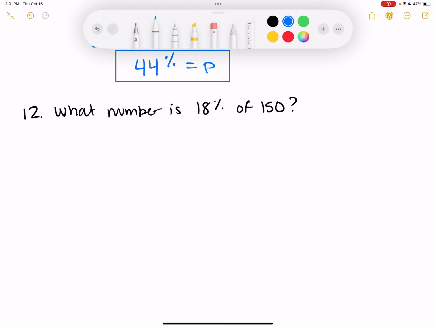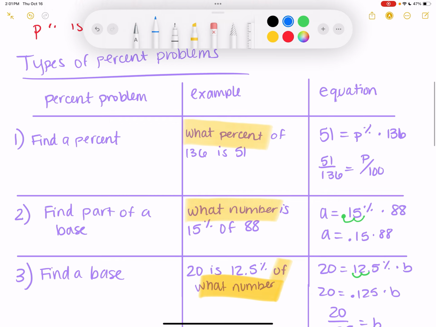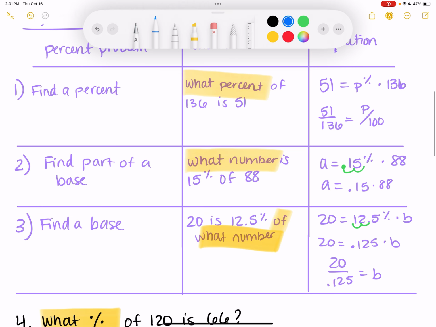Is it like option 1, 2, or 3 from our chart? Option 1, 2, or 3? It's not what I asked. I said, which option is it like? 1, 2, or 3? 2. It's going to look like this.